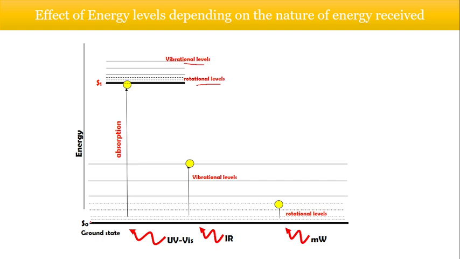Okay, so now if we have to reach from a rotational to a vibrational level, then we can provide IR, infrared spectroscopy, and then if we go on with the microwaves, then we can move from the ground state level of S0 to the rotational levels. So we can move very little. So the electrons can be excited up to only the rotational levels, or the electrons can be excited just to the vibrational levels. Or when we provide UV, the electrons are absorbed to the rotational levels. It undergoes absorption.